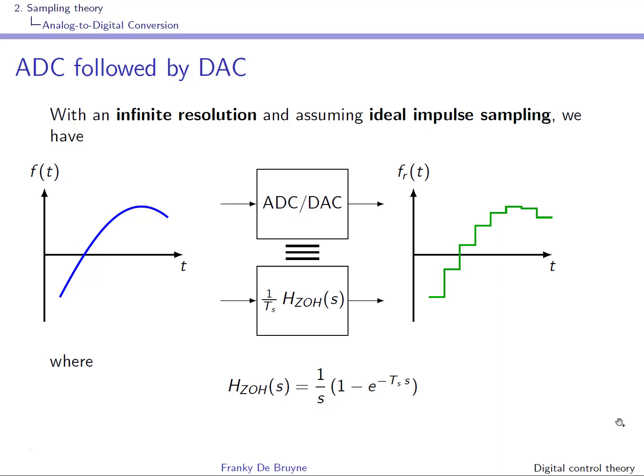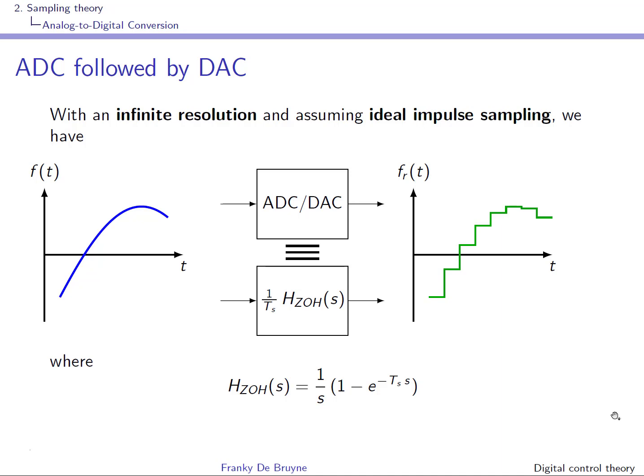In practice this is not the case. We remember that the sampling instants will not be regular. There will always be small variations in Ts, and also we cannot assume the sampling to be instantaneous. But these are the assumptions that we make.